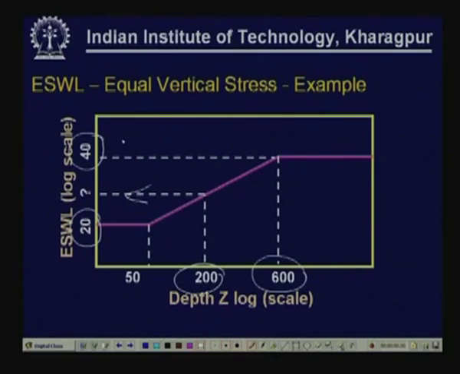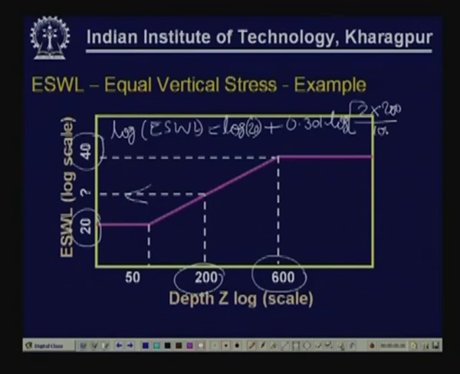So log of equivalent single wheel load will be equal to log 20, using the expression that we have given in the previous slide, plus 0.301 log of 2 into 200 by 200, where 200 is the depth, divided by log of 4 into 300 by 200.